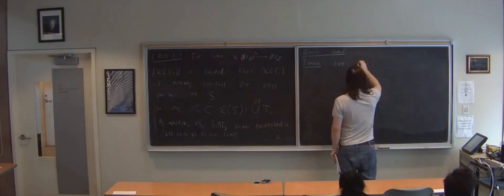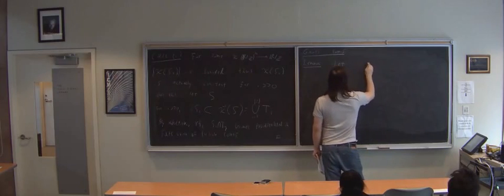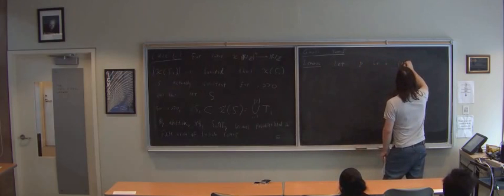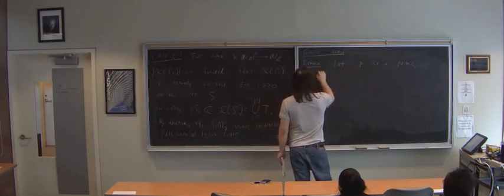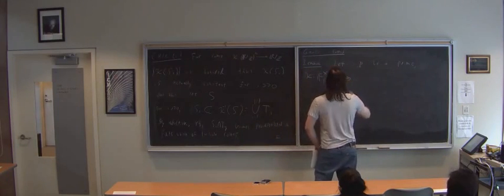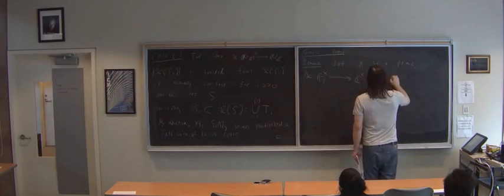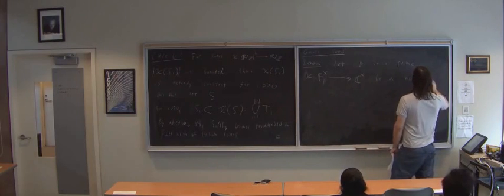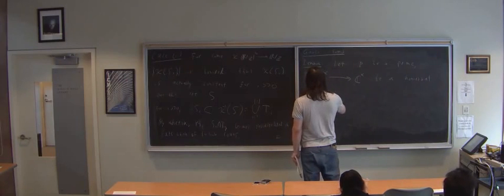Let p be a prime, and chi from F_p star to C star be a non-trivial multiplicative character.